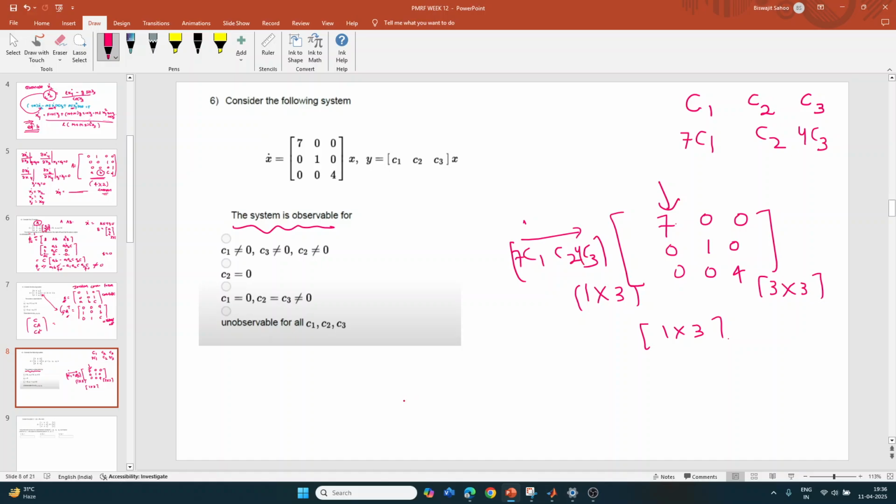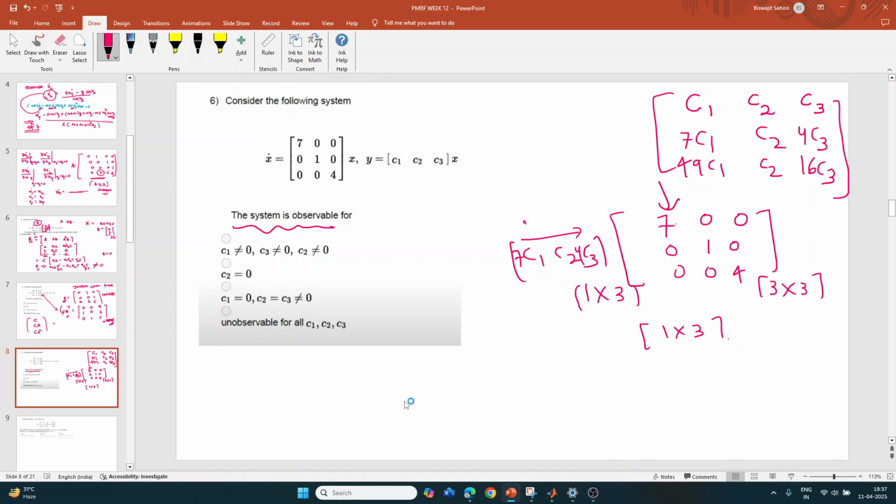Find out 7C1 into 7, 49C1. The remaining two elements are 0. This will again be C2. Then this will be 4 into 4, 16C3. This is the complete matrix you got now. Just do the multiplication.